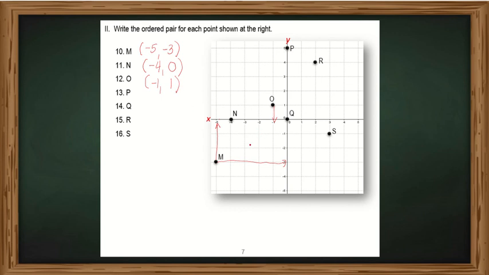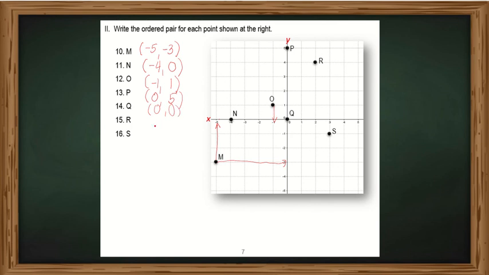For point P, our x is 0 and then we have our y is +5. For point Q, obviously it's the origin. It has coordinates 0 and 0.